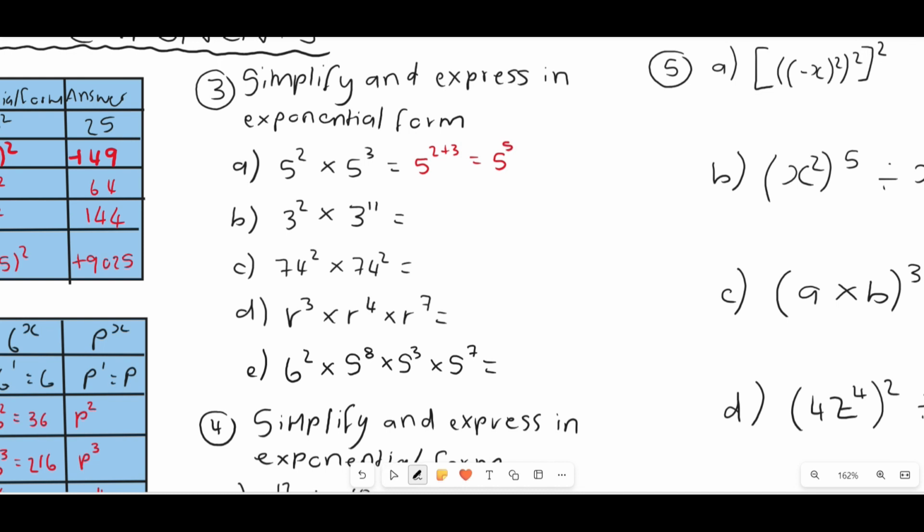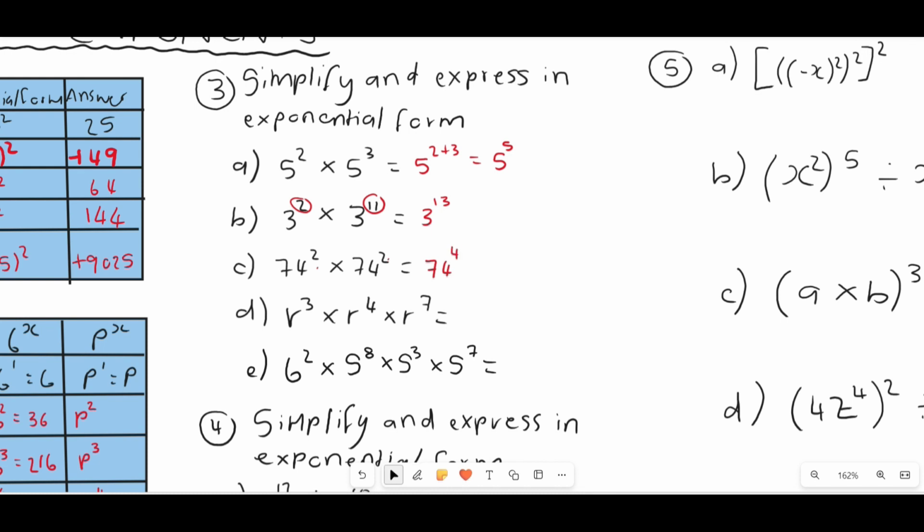Same thing happens here. This will then become 3 to the power of 2 plus 11, which gives us 3 to the power of 13. This one is easy. It's just going to become 74 to the power of 2 plus 2, which is 4.